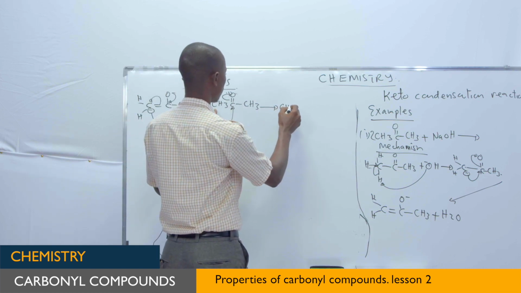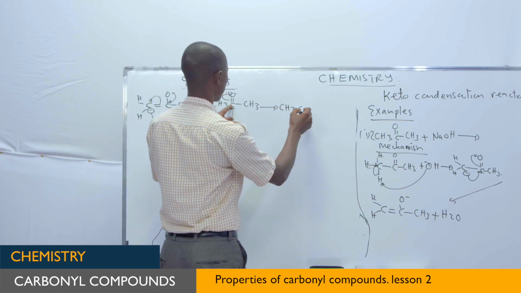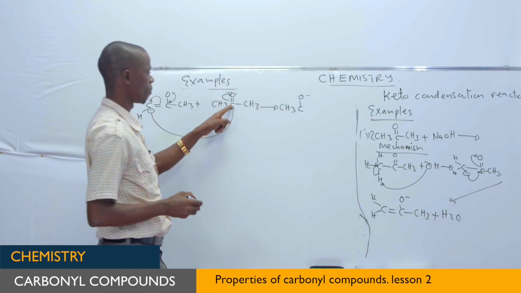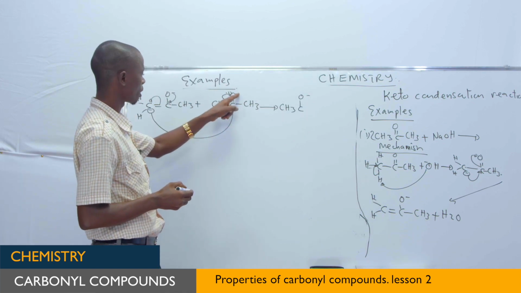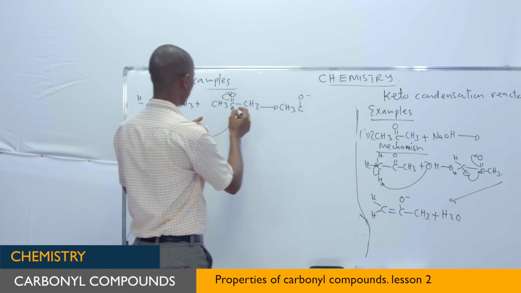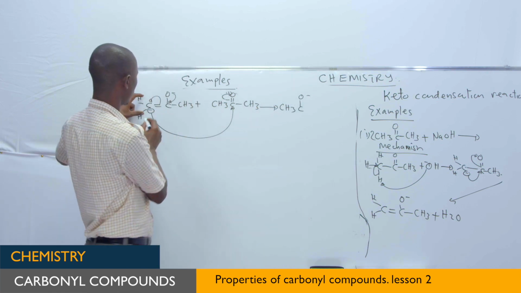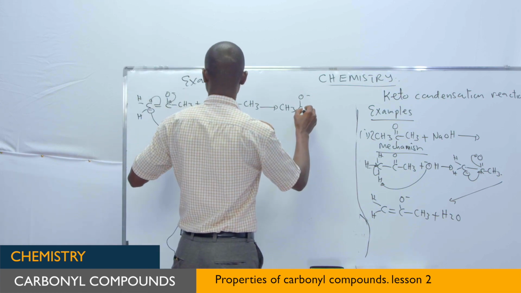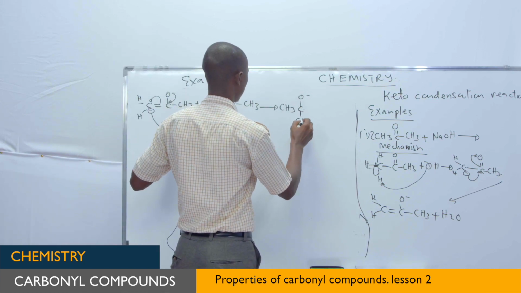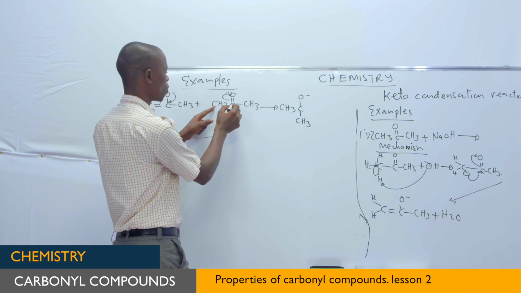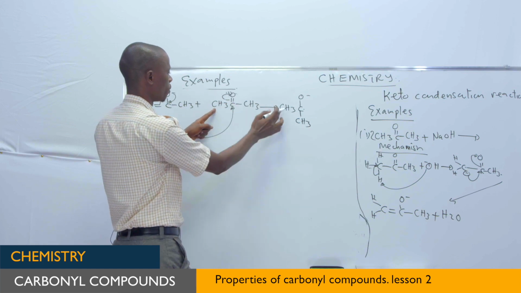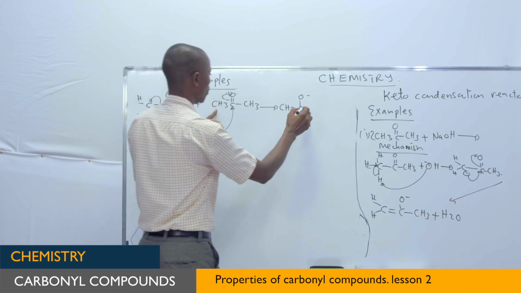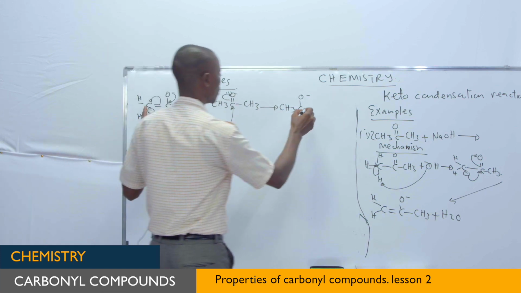We write this one, and this carbon with that one, because the electron comes here, will be bonded to this carbon with the 2 hydrogen atoms. Remember, when we write this, this one is bonded to 2 alkyl groups. The first one is this one, the second is this one. So this one is bonded to this one.